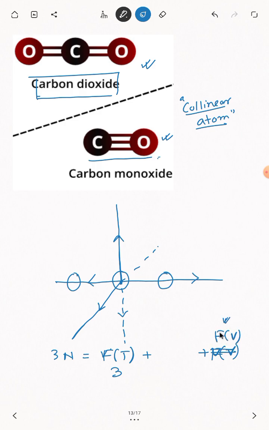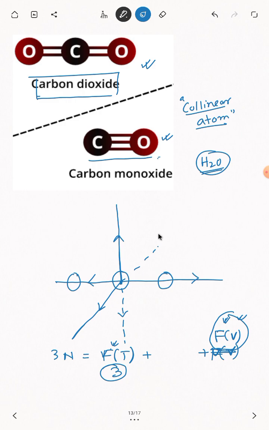We would like to calculate this. So translation, we have easily arrived at the fact that translation is possible, as before in the case of H2O.